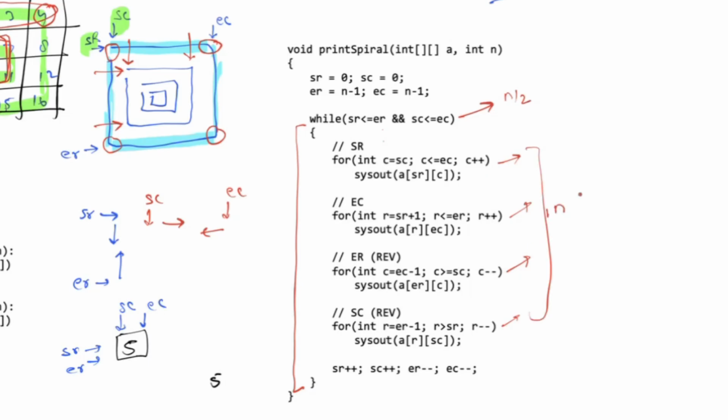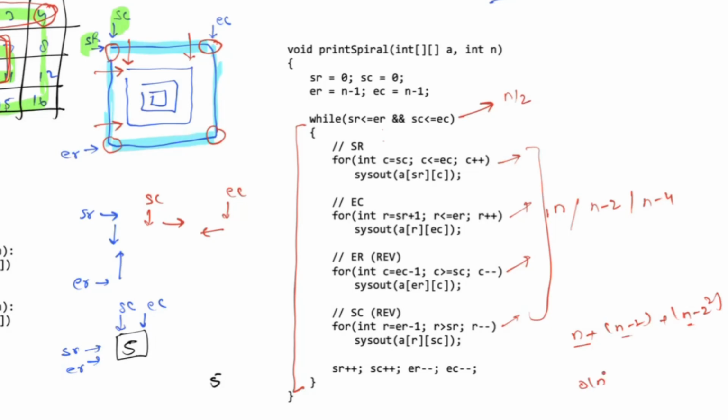In the next iteration, they will take n minus 2 times, then n minus 4 times, and so on. So the total time taken is n plus n minus 2 plus n minus 4 and so on. Here we are adding n by 2 terms, so this will be order of n square.